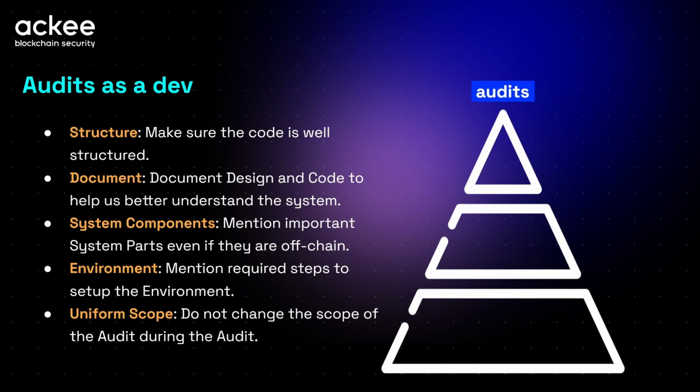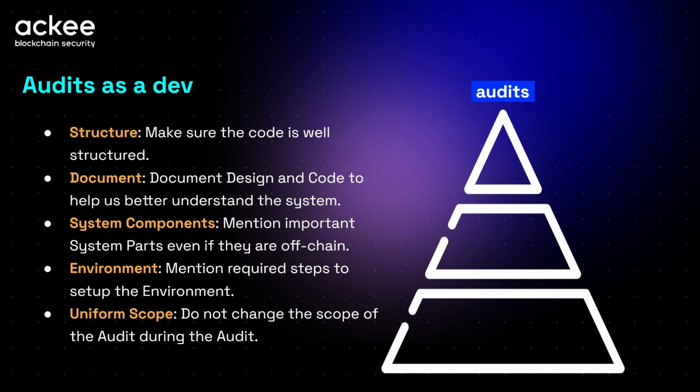And the last point that you can make here, which is also important, is the uniform scope. Do not change the scope of the audit during the audit. If you would like to write better tests, I think this is still okay. If you want to change one line in the smart contract, it can still be okay.